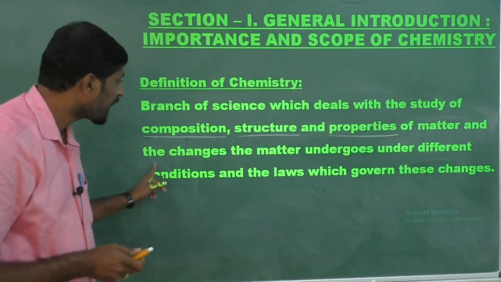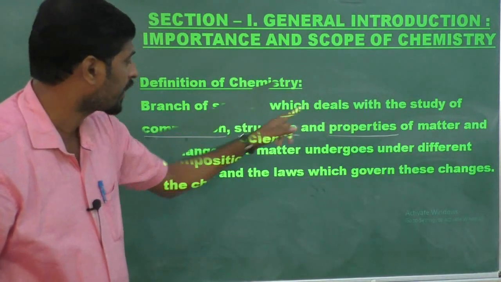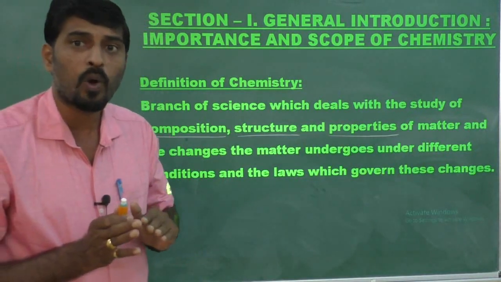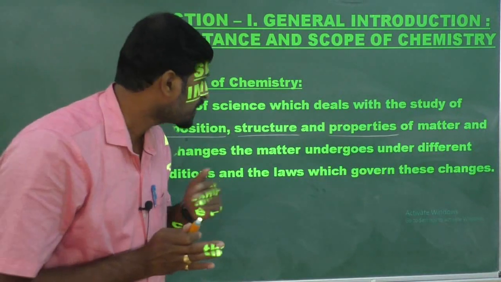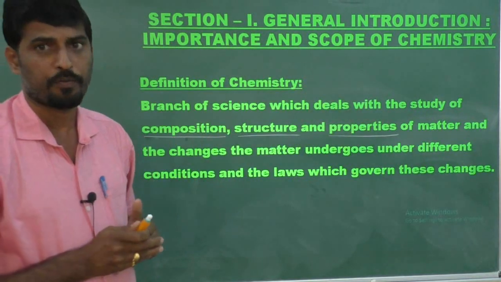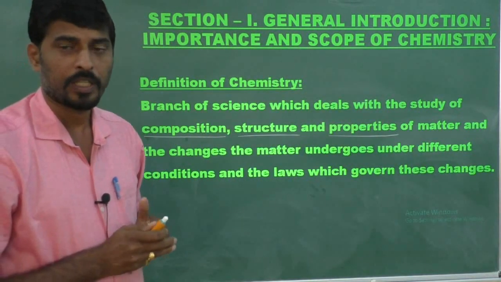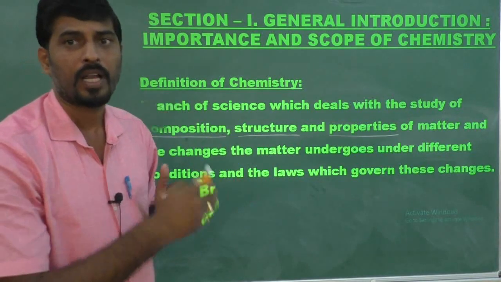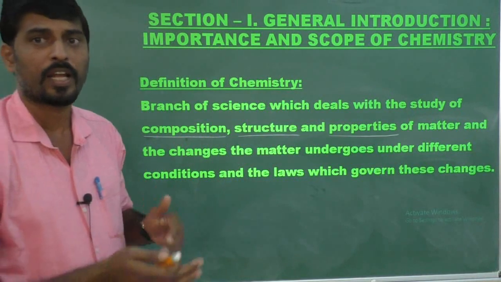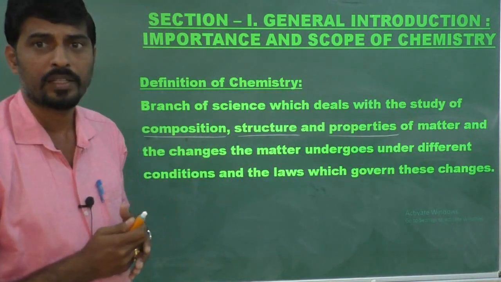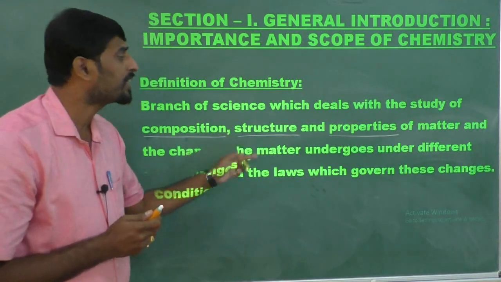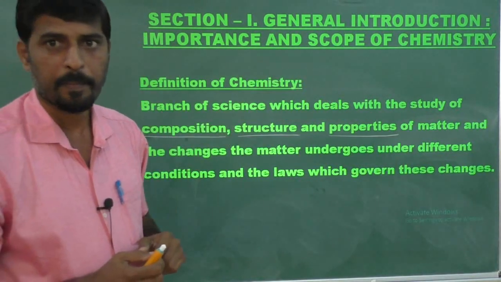Then the changes the matter undergoes under different conditions. That means the matter undergoes changes from one physical state to another physical state. That means solid is converted into liquid, liquid is converted into gas, or gas is condensed into liquid, liquid is condensed into solid, like that. And the laws which govern these changes.